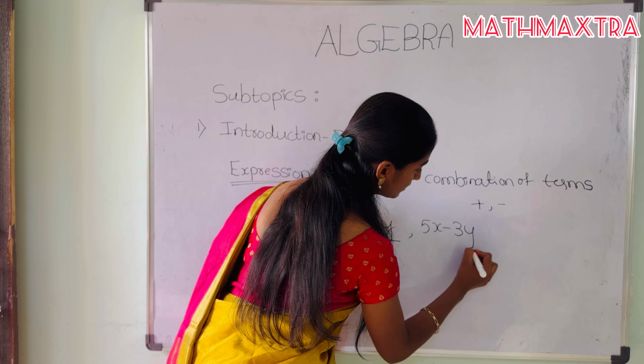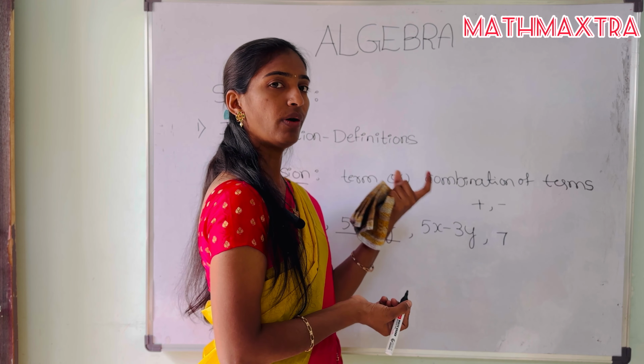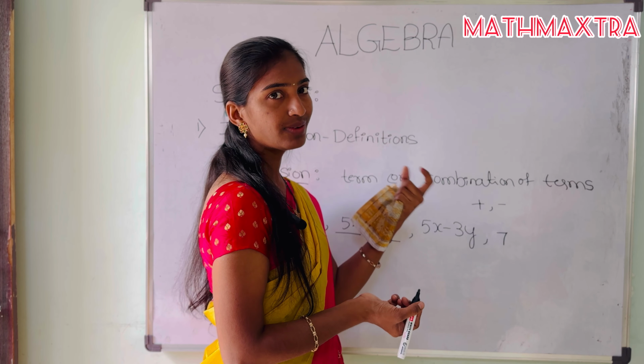Or you can have one more example. Even a single constant, say 7, is also an expression, because in the definition itself it says it can be either a term. A term can be a constant, a variable, or a product of constant and variable.